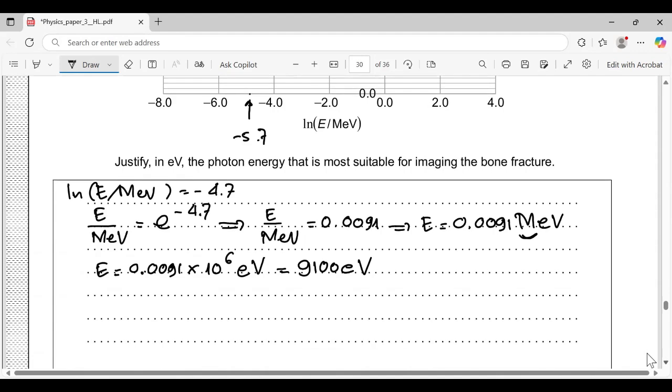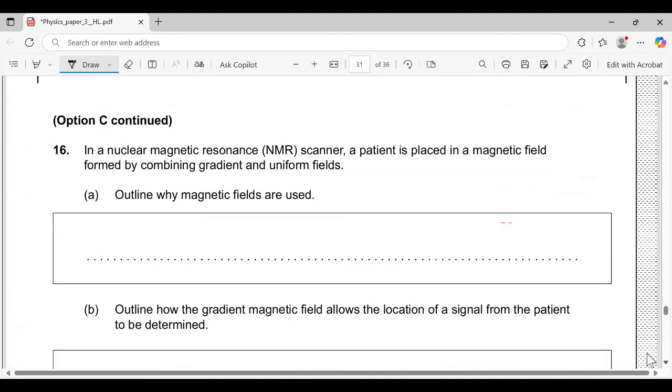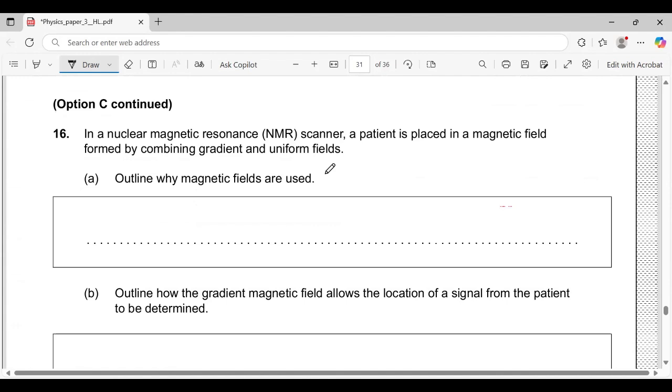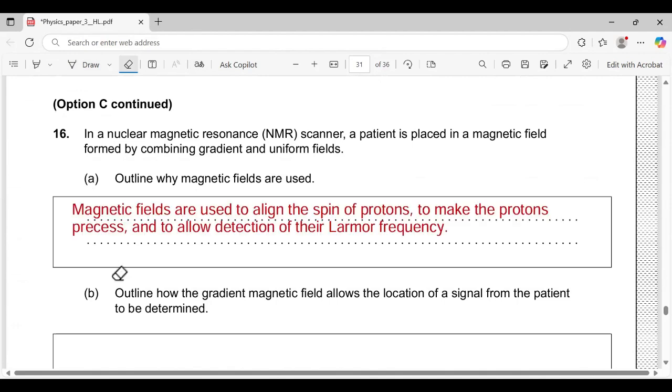Next question. In a nuclear magnetic resonance NMR scanner, a patient is placed in a magnetic field formed by combining gradient and uniform fields. Outline why magnetic fields are used. I have provided my answer for this question.